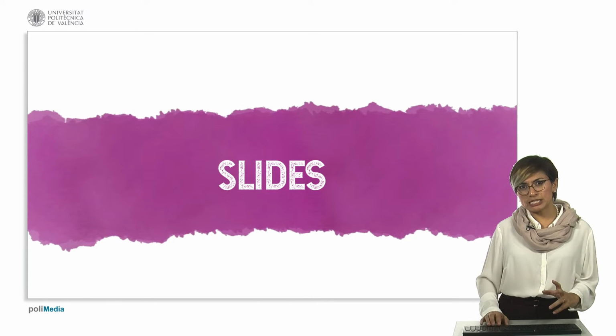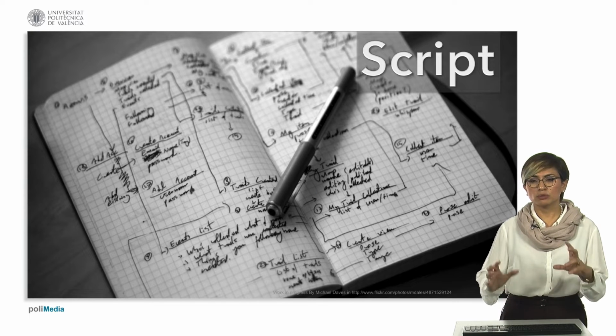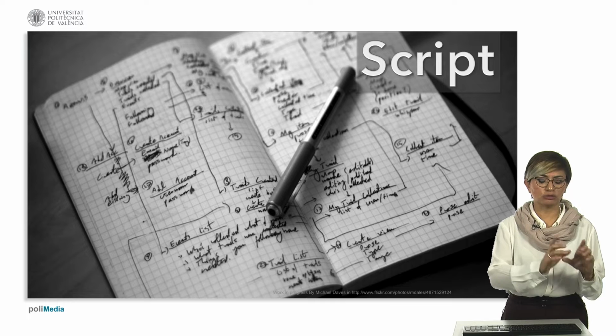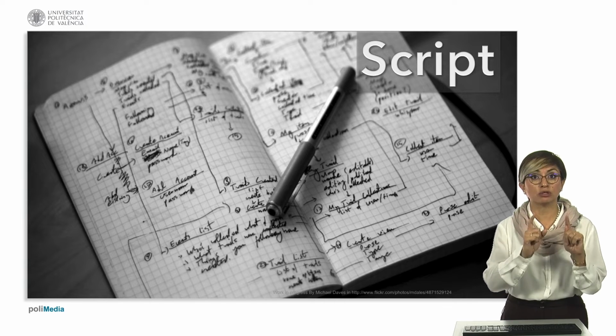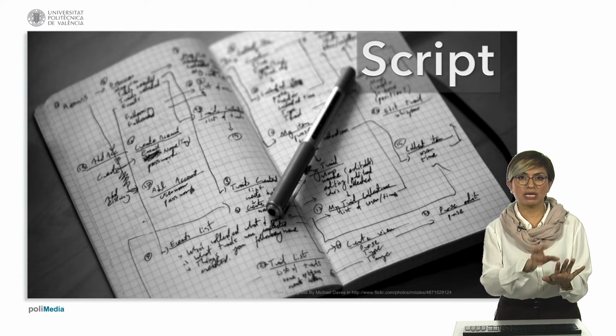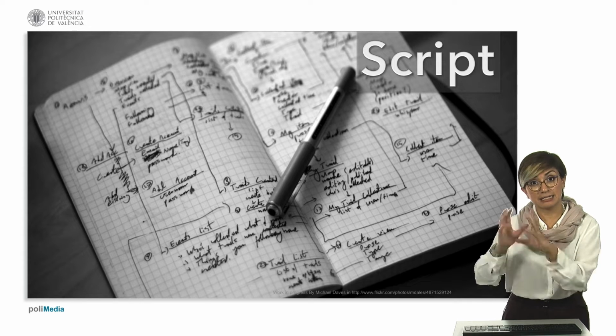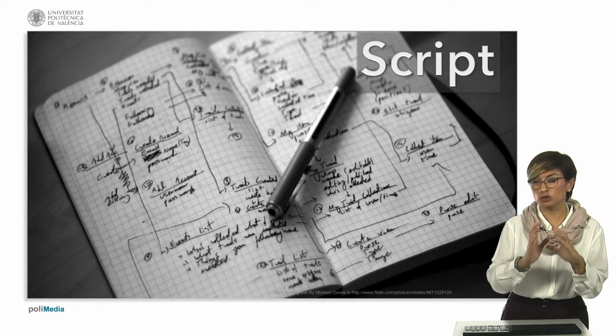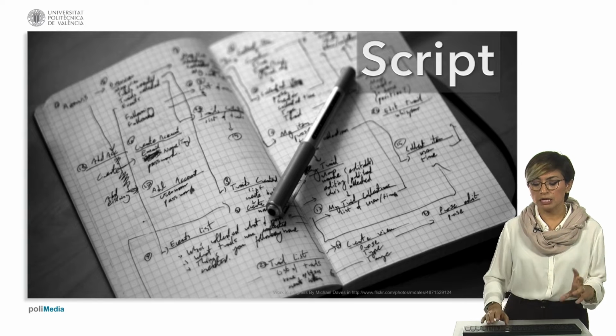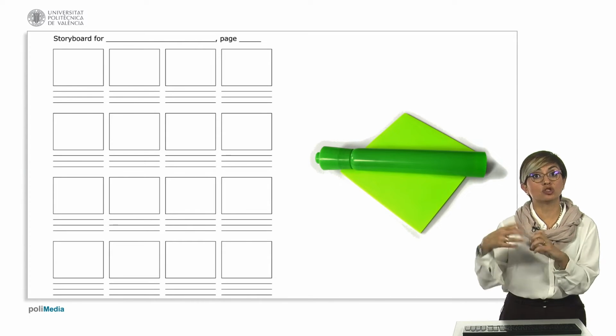First of all, try to think in slides. But when you are going to do your slides, you need to start from your script. Remember, we have another video about how to prepare your oral presentation. And at the end of that video, I told you, please create a script. And with this script, you can create a storyboard.